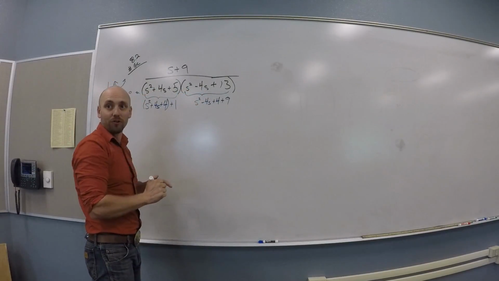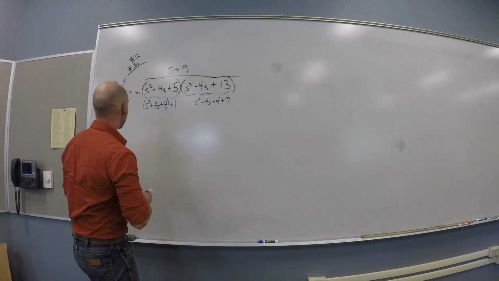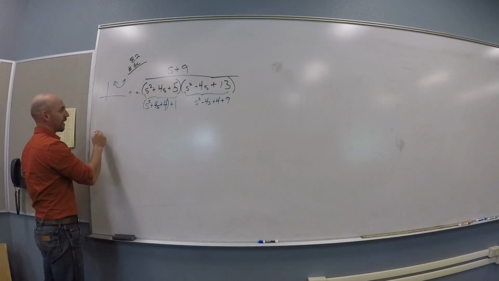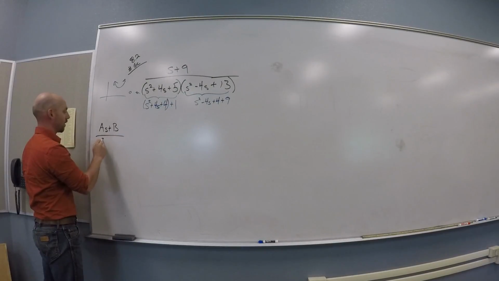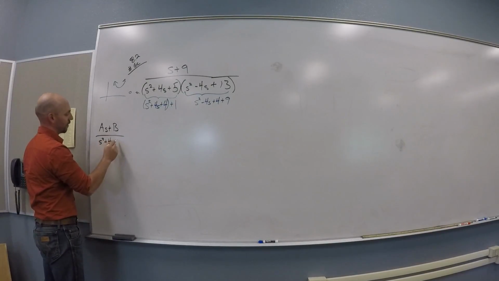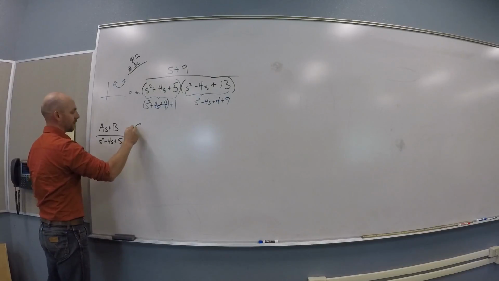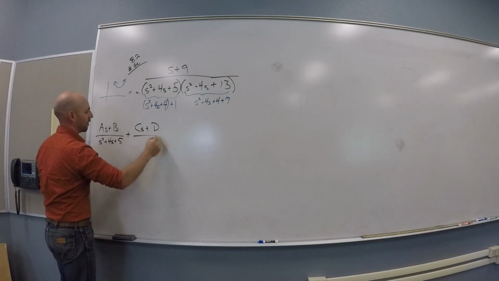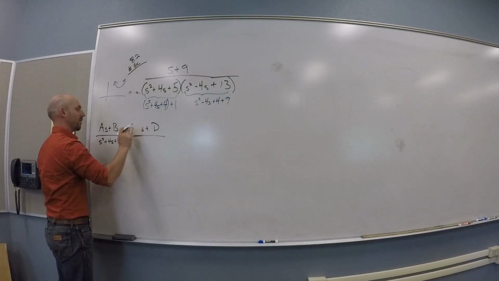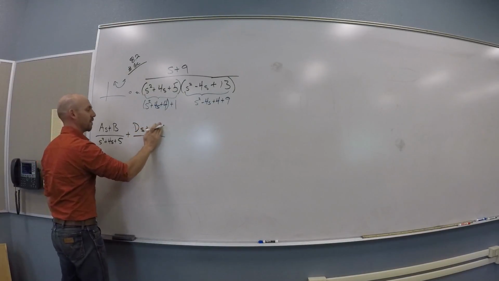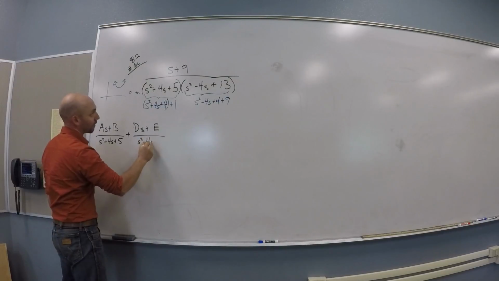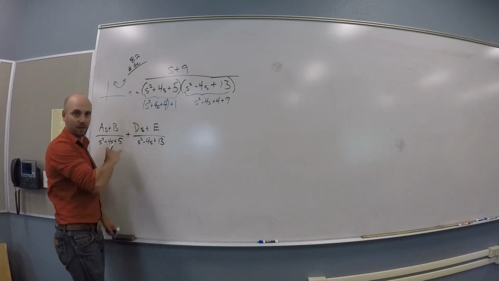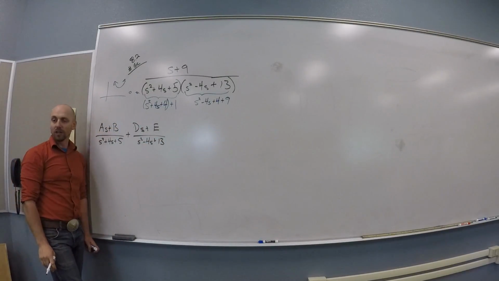So one thing I could try is I could go, alright, I'm going to factor that into (as plus b) over the first thing, s squared plus 4s plus 5, plus (cs plus d) over the second one, s squared minus 4s plus 13. Like, I could totally do it this way.